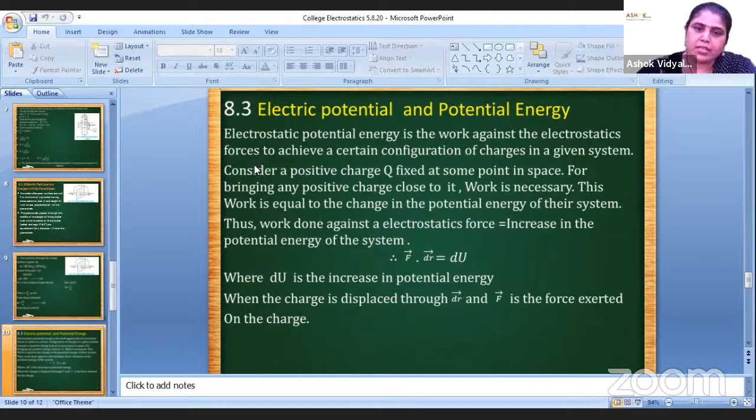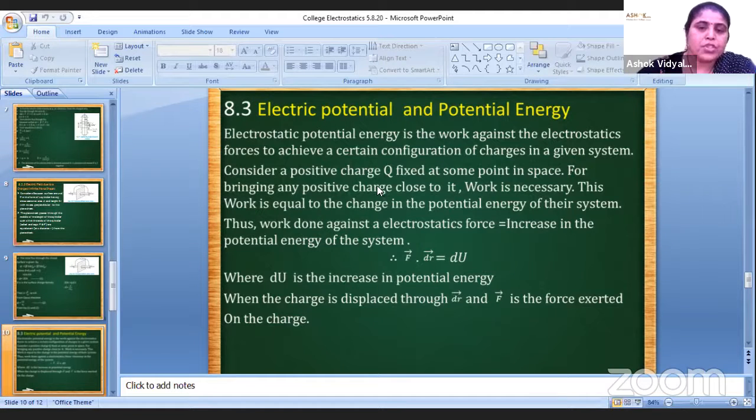We know that there are electrostatic forces between two charges situated at a finite distance from each other. According to Coulomb's law, there is a force of attraction or repulsion according to the positive or negative nature of the charges.